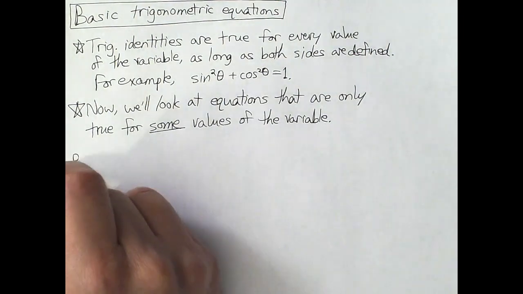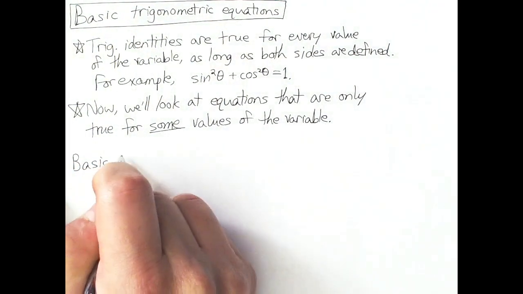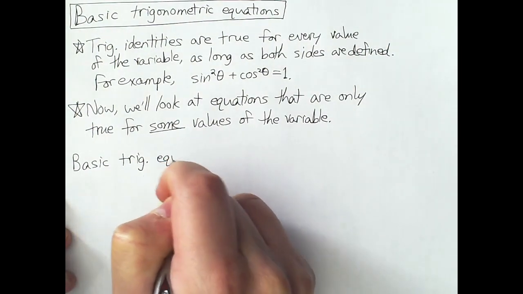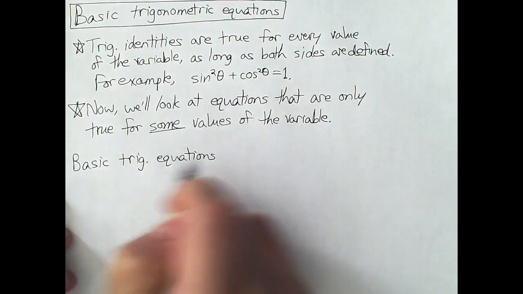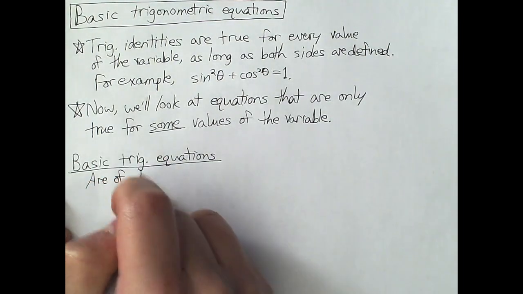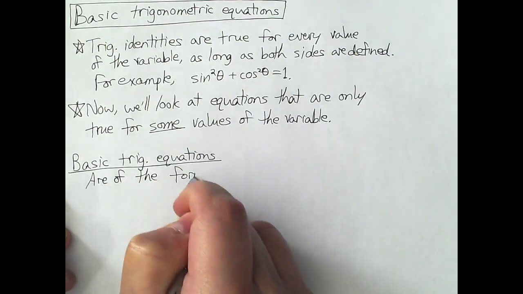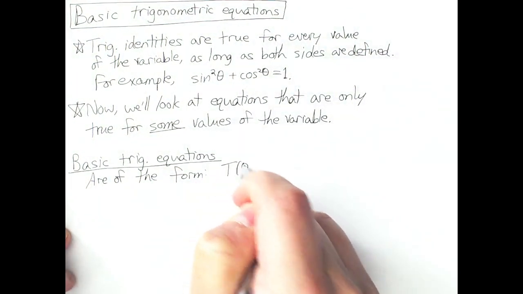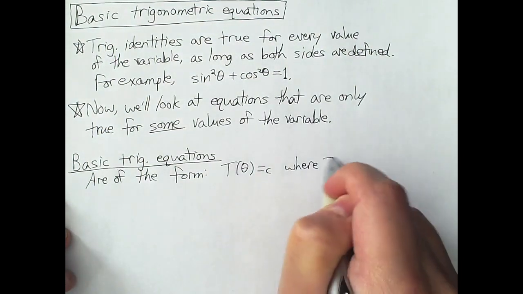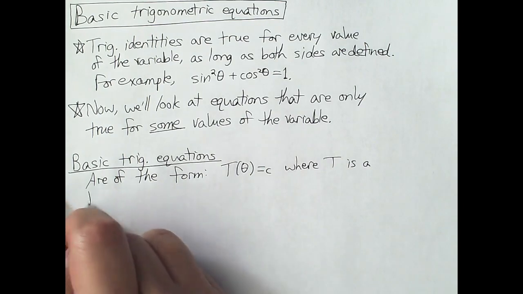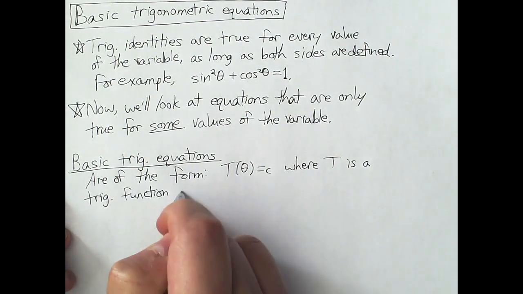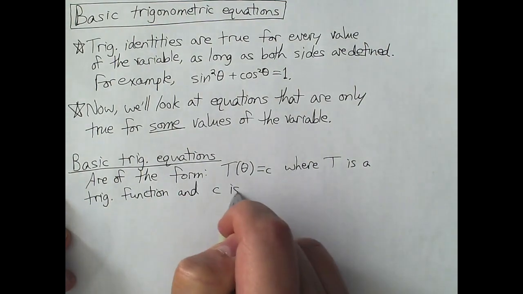So we're going to start with what are called basic trigonometric equations. That's the title of this section. And they are going to be of the form t of theta equals c, where t is a trig function and c is a constant.